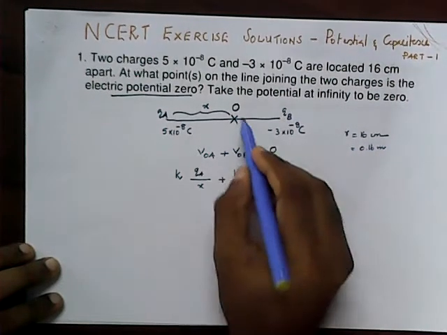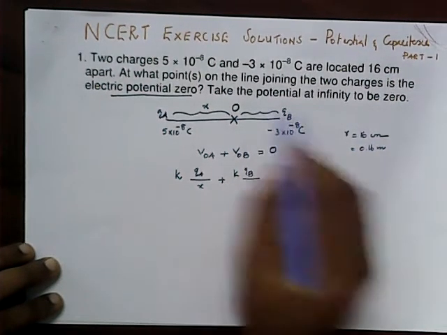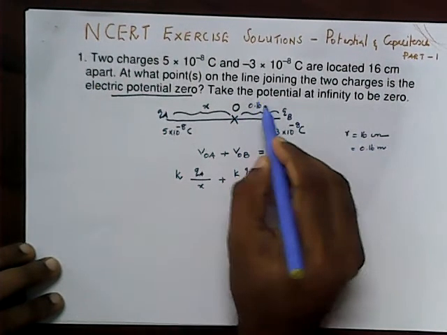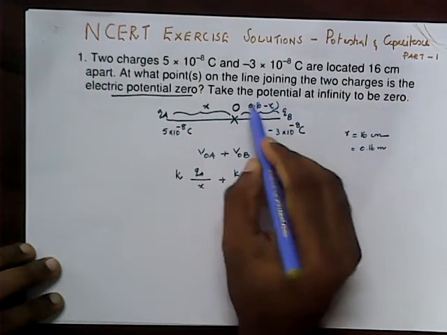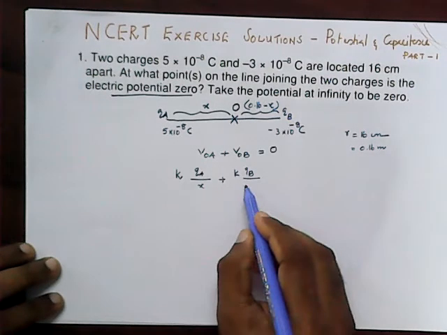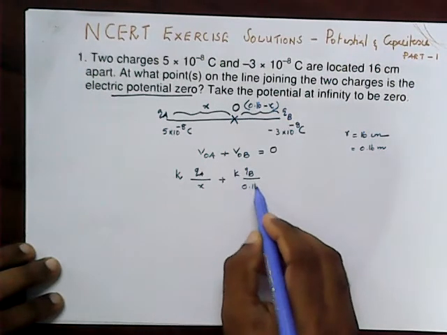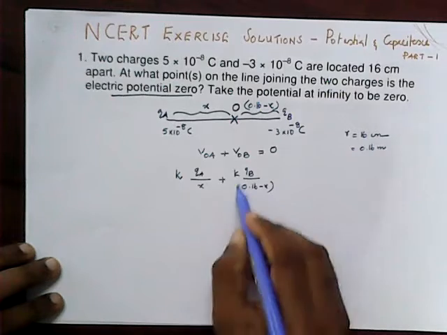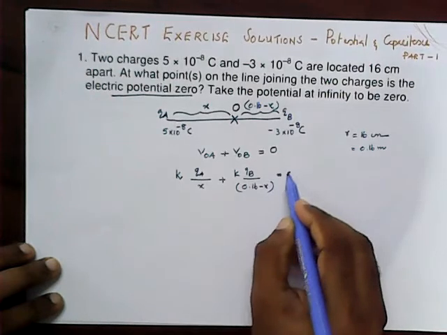So if it is X, then this becomes 0.16 minus X. So that separation we can write as 0.16 minus X, and that should be equal to 0.